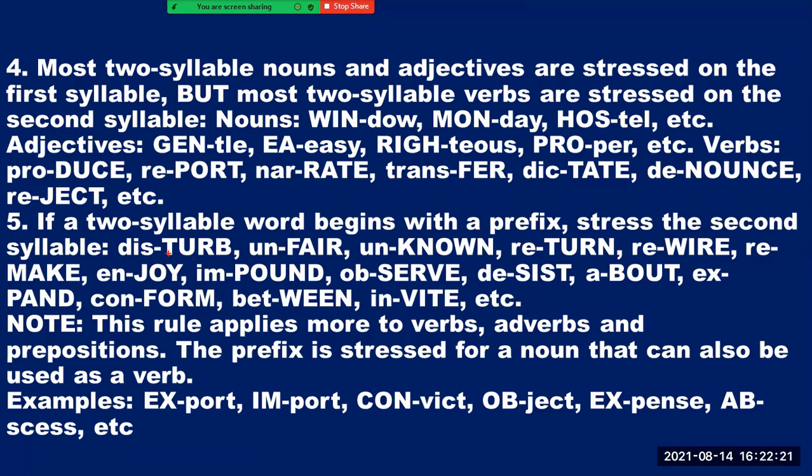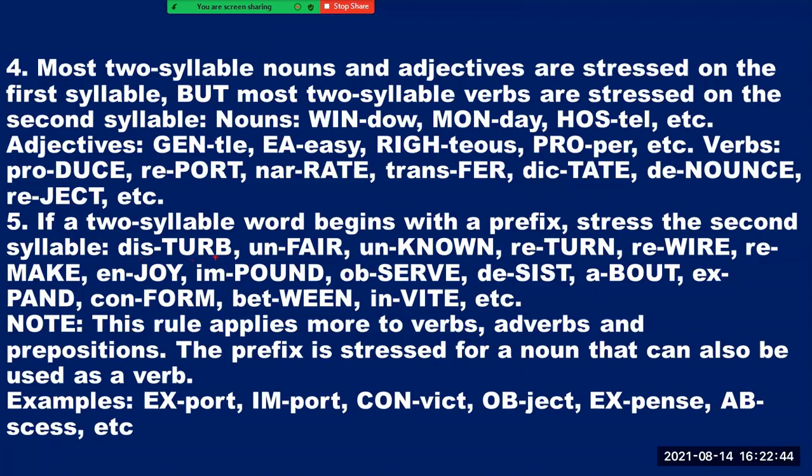That's what we have in this step. The DIS is a prefix. A prefix is a word part that is put at the beginning of a word or a stem to form a new word.